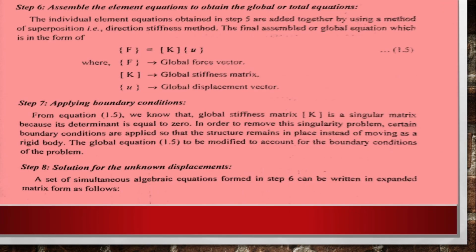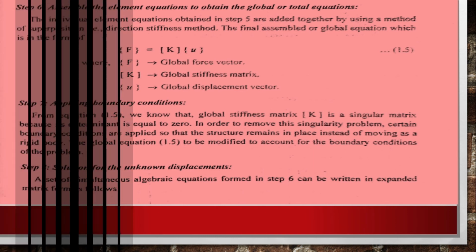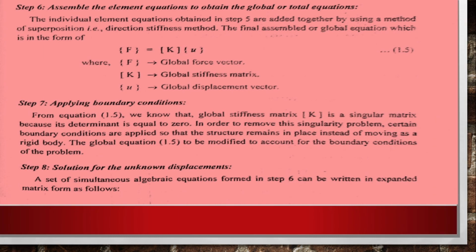Now, for the next step, assemble the element equations to obtain global or total equations. How are we going to assemble these equations? The element equations that we obtained in the previous step, we are going to add together, the equation of each element, and finally it is assembled in the formula of the general finite element equation.